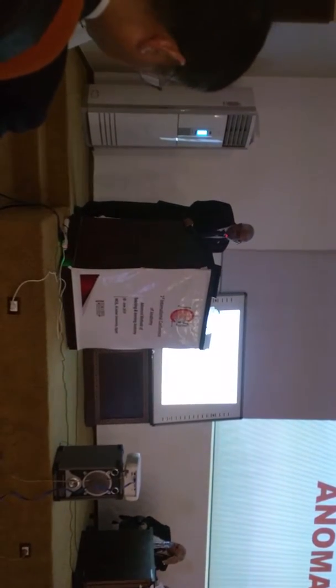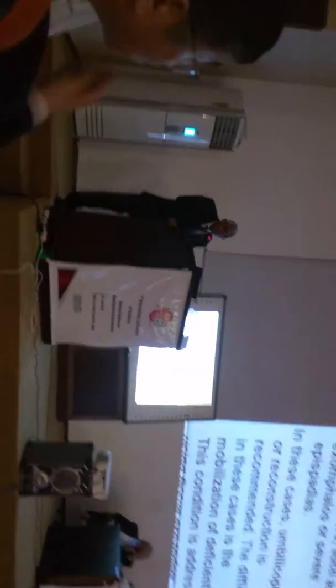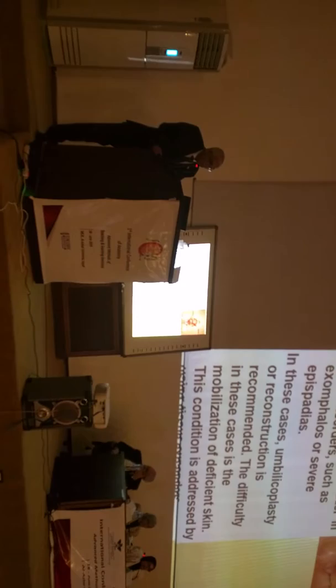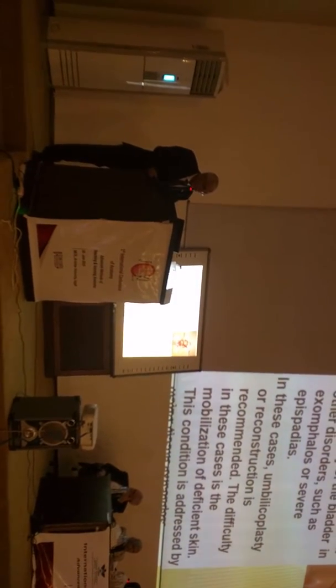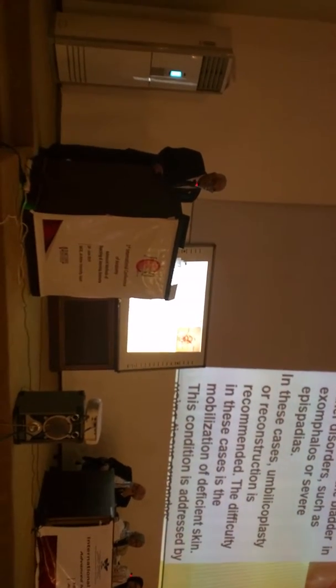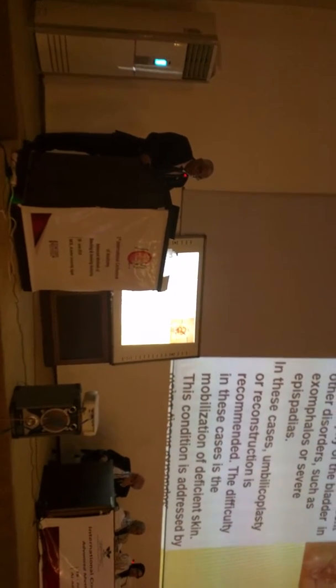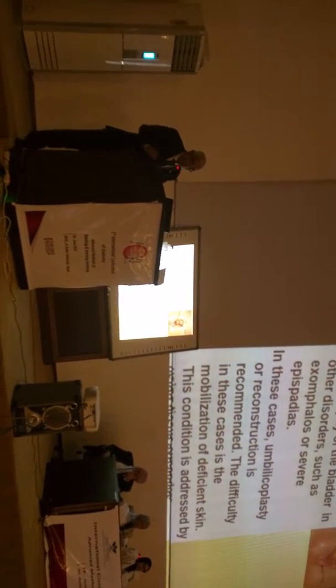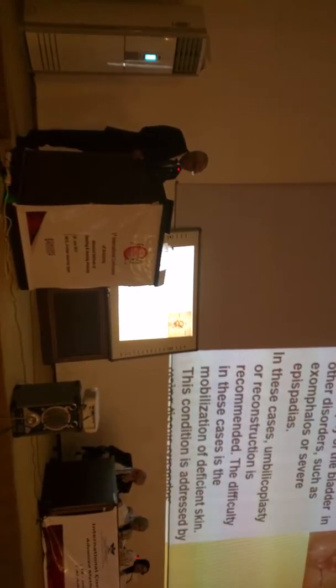Congenital anomalies. Absence of the umbilicus is very rare. This occurs in some cases, such as exstrophy of the urinary bladder, exposure of the urinary bladder on the anterior abdominal wall, or omphalocele or severe episplenis.